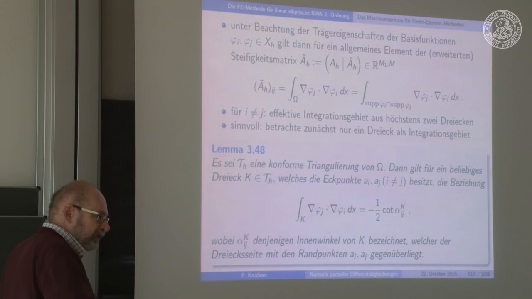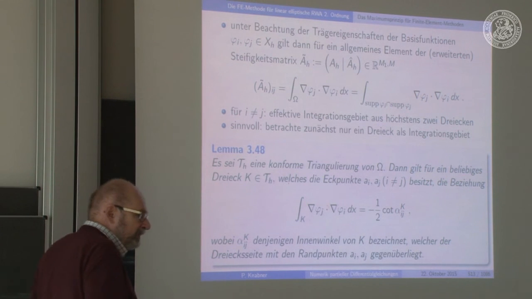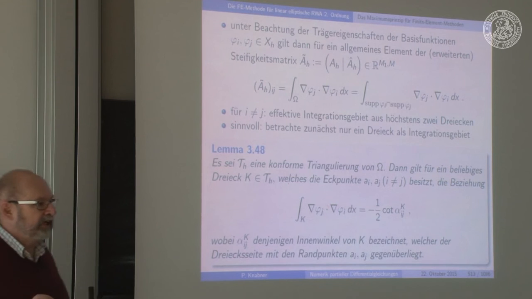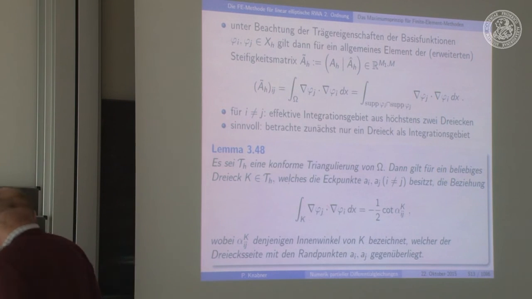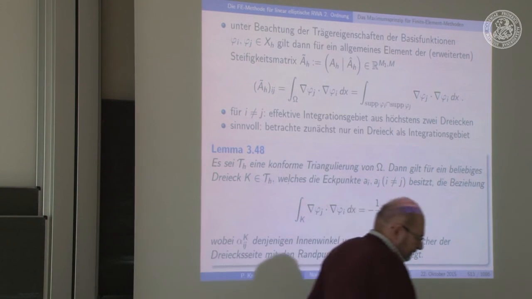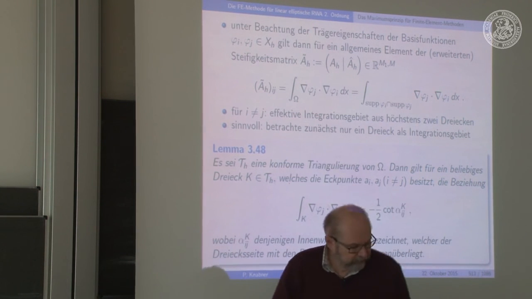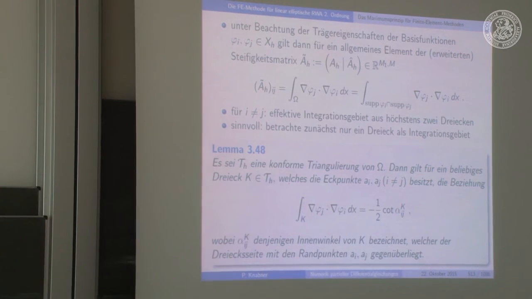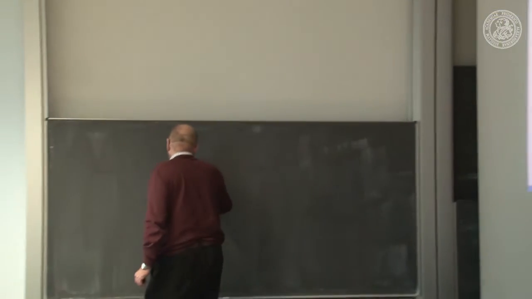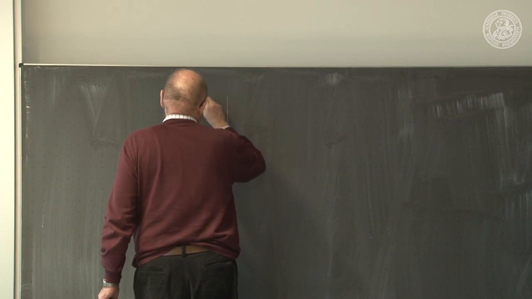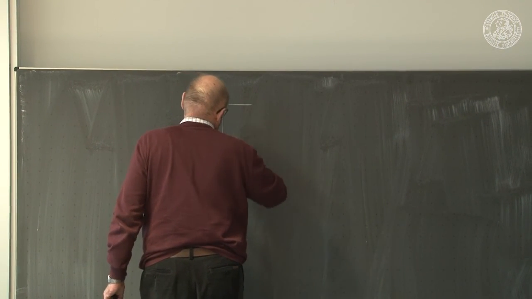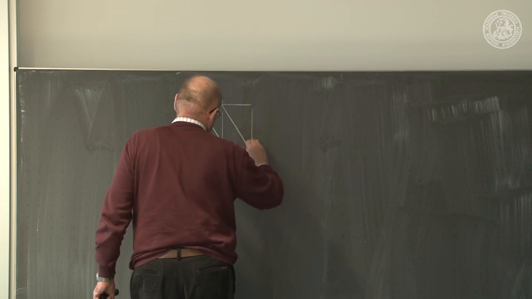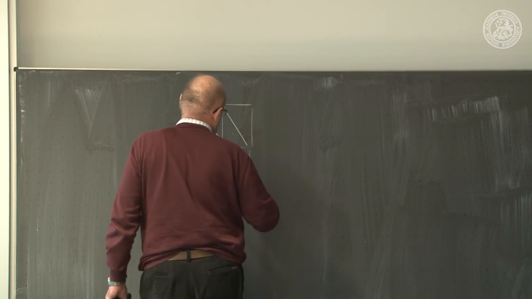For pi/2 we get the contribution 0, and you remember we have seen this in the computation of the 5-point star. In the 5-point stencil, we had this node, and then the corresponding elements which we had to consider.